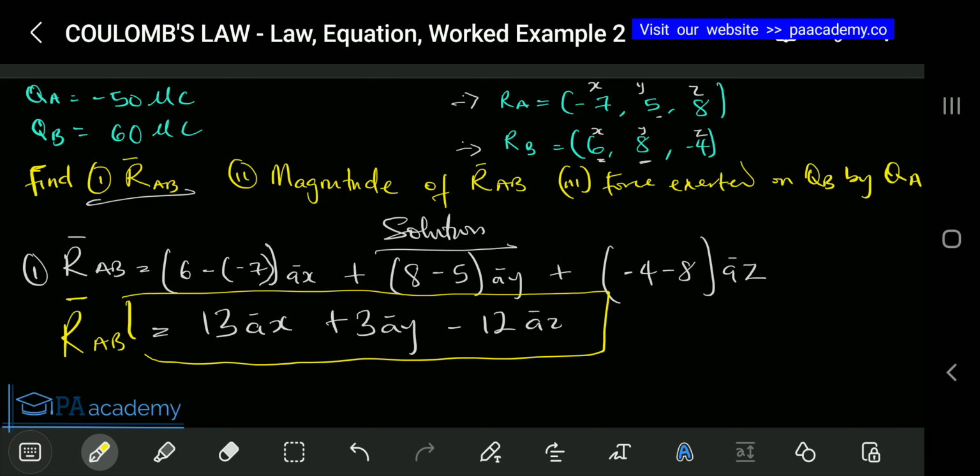Before I go to the second part, just in case you are confused: we are asked to look for RAB, and we are subtracting the coordinates of B from A, such that we have 6 minus 7, 8 minus 5. Is it not supposed to be minus 7 minus 6, or 5 minus 8?